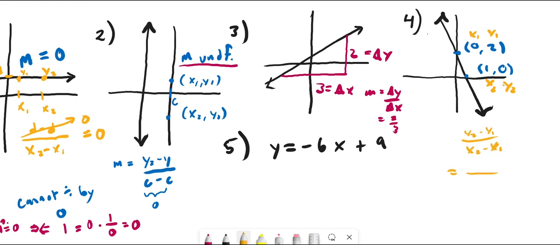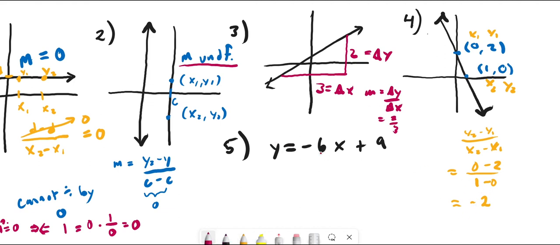So up top, I have y2, which is 0, minus y1, which is 2. And then I have 1 for my x2, minus 0. 1 minus 0 is just 1. 0 minus 2 is negative 2. And so we have a slope of negative 2. And yes, this line is declining. It's a little steep, so we shouldn't be surprised that it's a negative number with magnitude greater than 1 here.